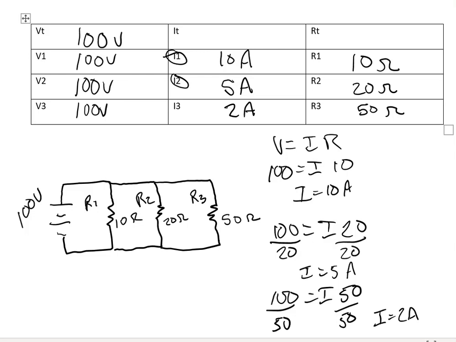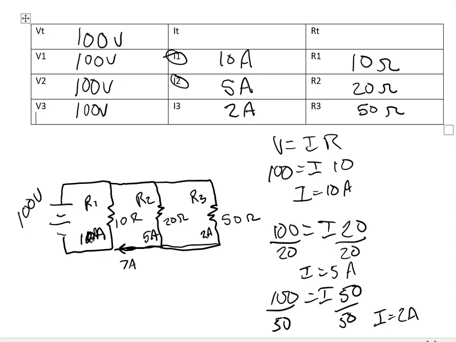All right, so let's keep going. I still have 2 more spots here to finish. Well, I know that there are 2 amps running through this line, 5 amps running through this line, and 10 amps going through this line. The 2 amps here are going to combine with the 5 amps here, and now I've got 7 amps at this point, because 2 plus 5 gave me a total of 7 amps.